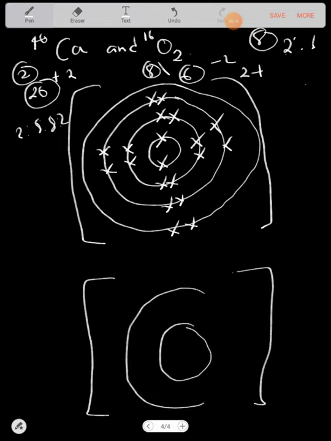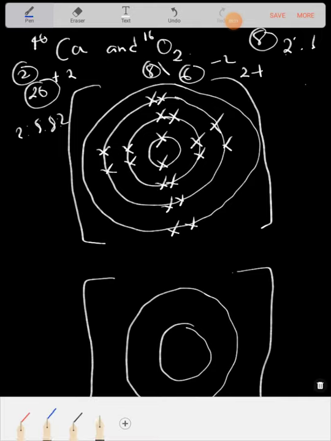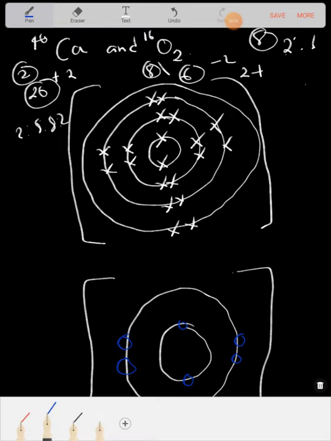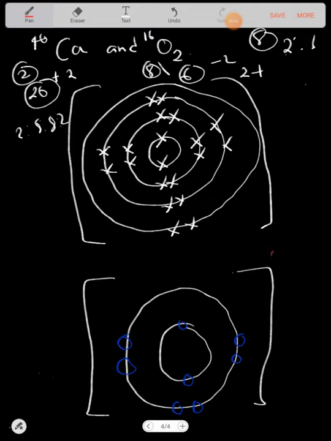And this. So let me use another. So we have 1, 2. Then we have 1, 2, 3, 4, 5, 6.